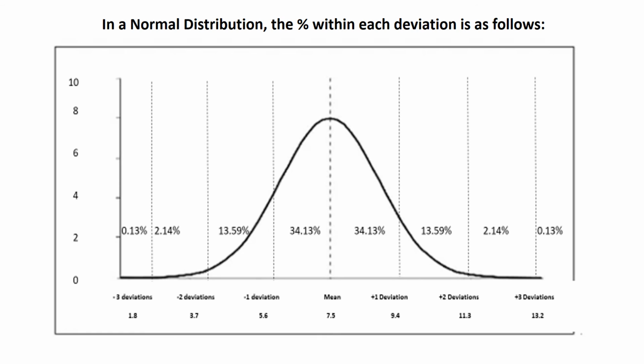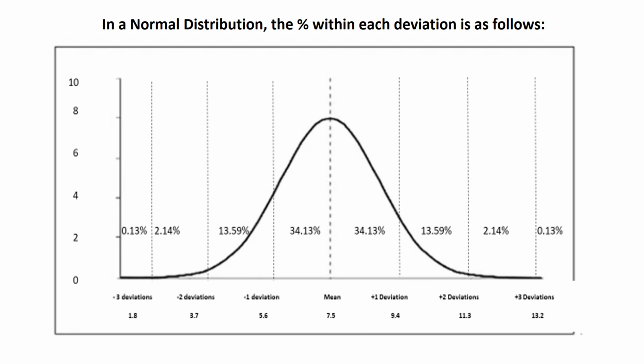Same thing as -2 to +2 deviations. 13.59% fall between -2 and -1 deviation, and from +1 to +2 deviation, 13.59%. And then 2.14% fall from 2 to 3 deviations, and then -2 to -3 deviations, 2.14%.